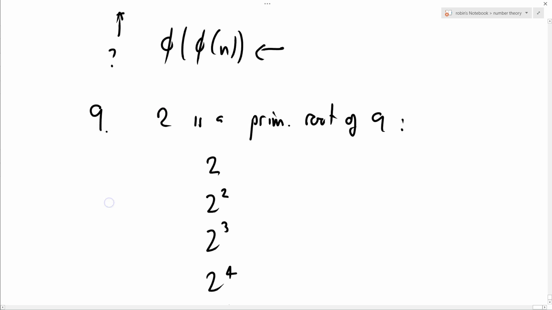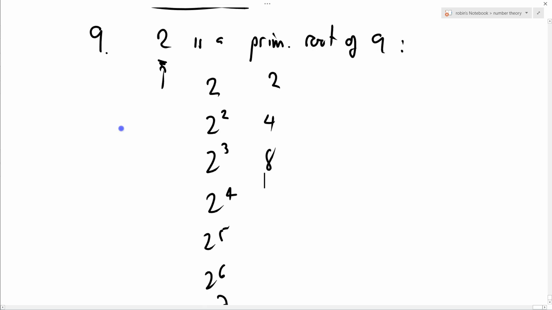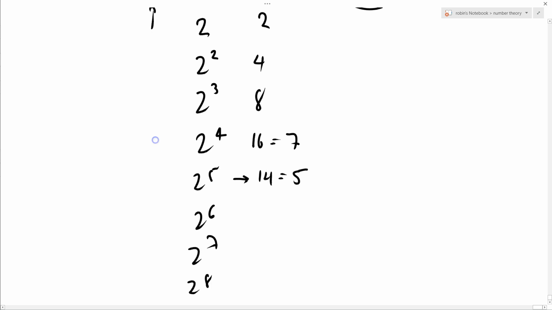I'm asserting that 2 is a primitive root of 9, because the proof I've given you relies upon there being at least one primitive root. So that's 2, that's 4, that's 8, that's 16, which equals 7, of course. Times 2 again is 14, which equals 5, everything being modulo 9. Times 2 is 10, which equals 1.